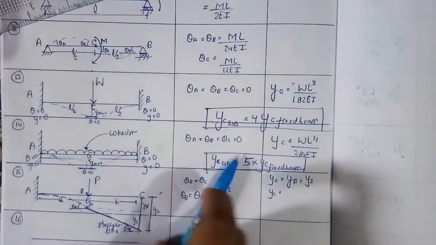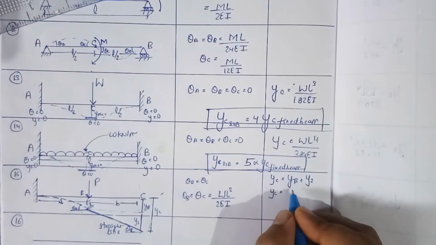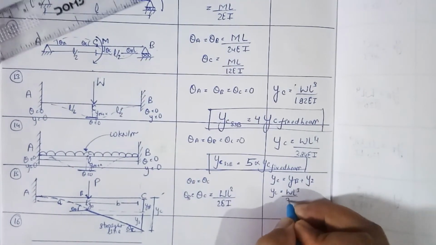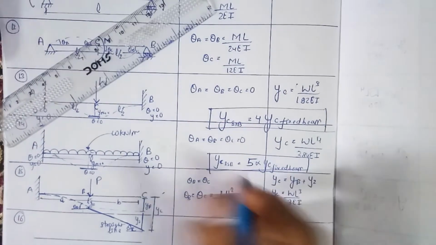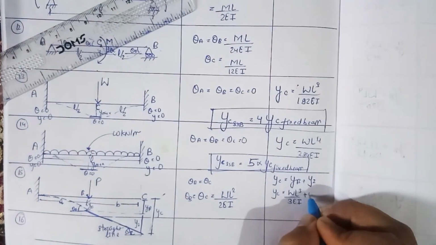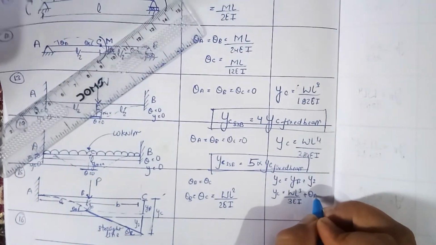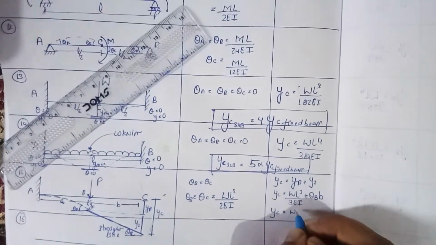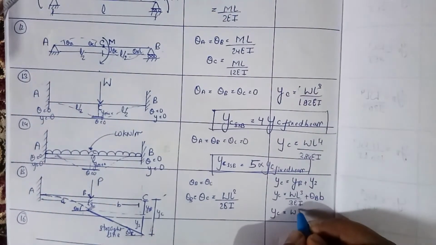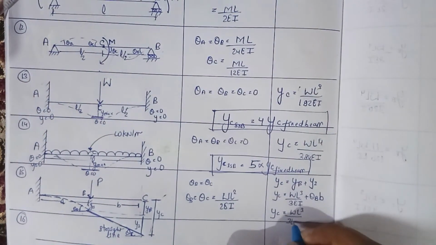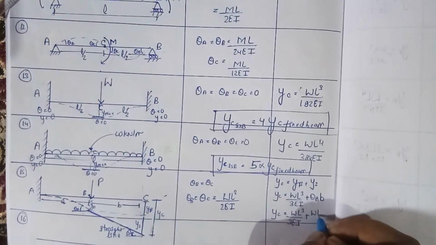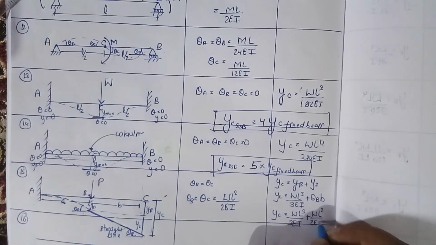If you neglect this portion, the deflection value at the point B will be equal to WL cube upon 3EI, and Y2 will be equal to theta B into B. So the value of YC will be equal to WL cube upon 3EI plus theta B into B, where theta B is equal to WL square upon 2EI, multiplied by B.